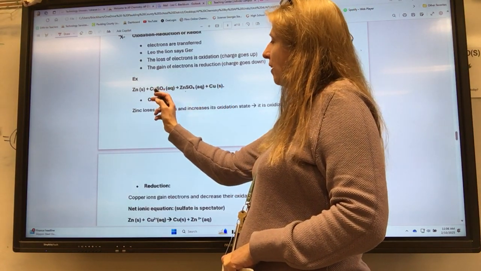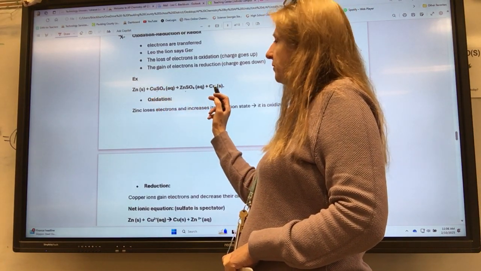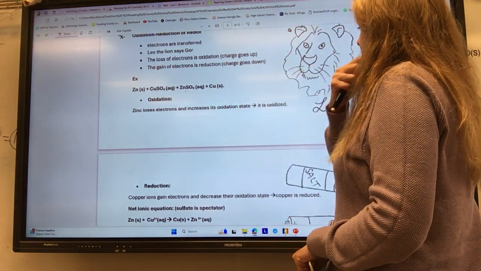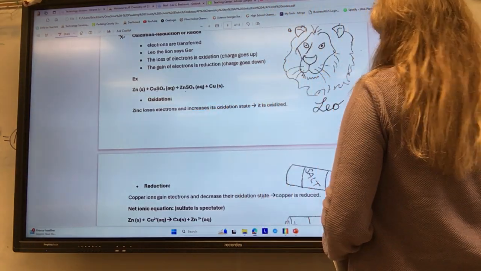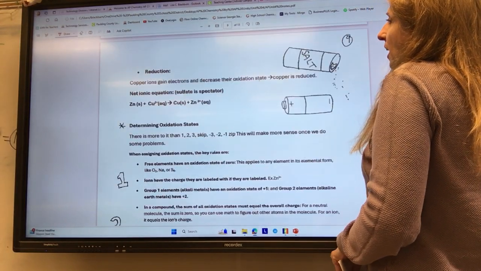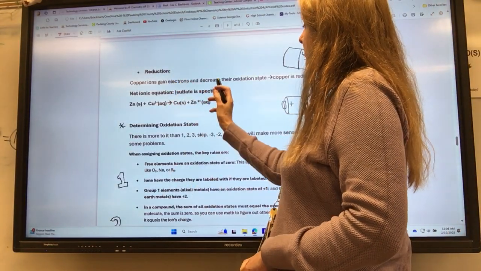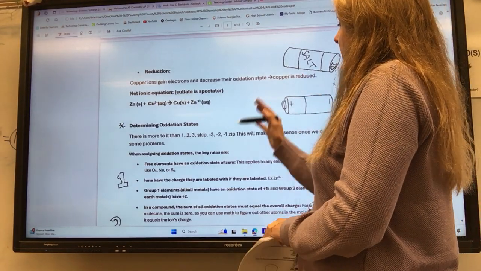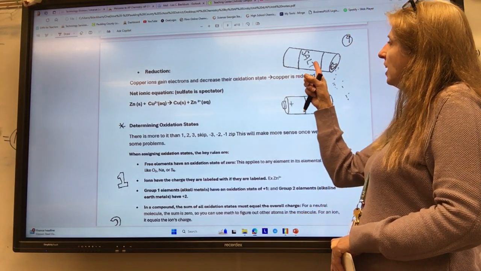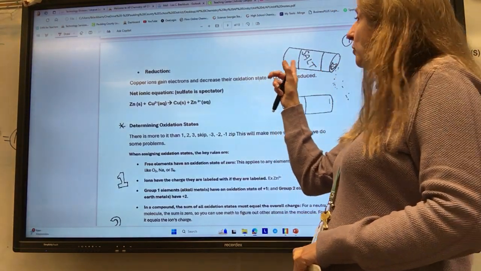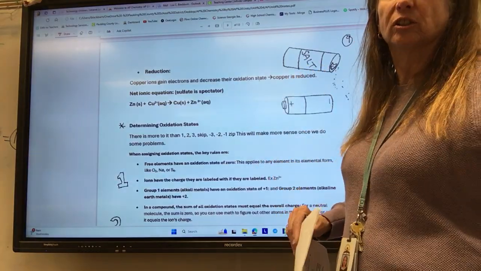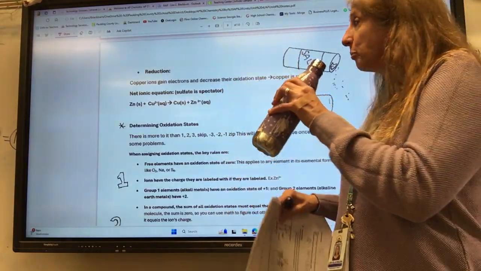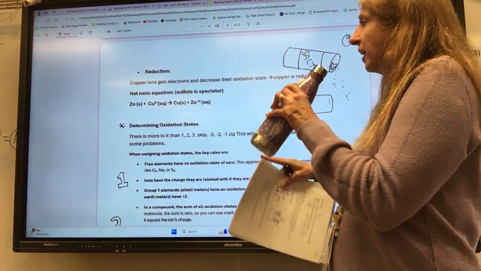It went from positive to 0, so it gained electrons. I think I said that backwards. So copper gains electrons and decreases its oxidation state. Copper is reduced. Now, salts are important for this chemistry because salts dissolve in solution. We're going to learn about how liquid batteries have something called a salt bridge. We're going to come back to this all later.